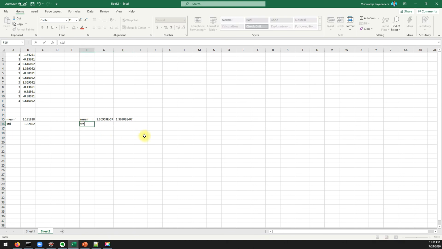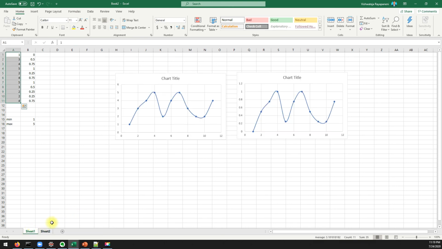And we'll find the standard deviation, STDEV of this, which is almost 1. So I hope you understand the difference between normalization and standardization, when to use normalization and when to use standardization. We also saw the results of standardization and normalization.